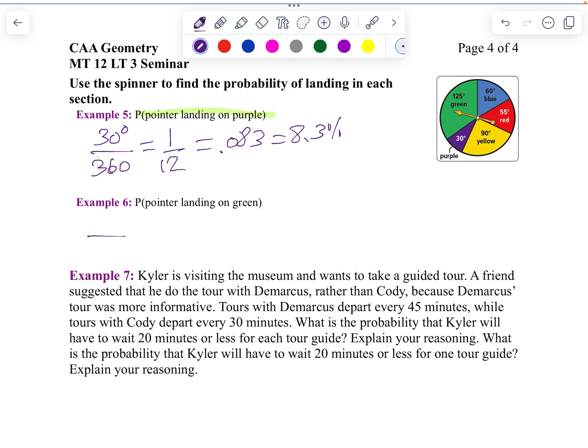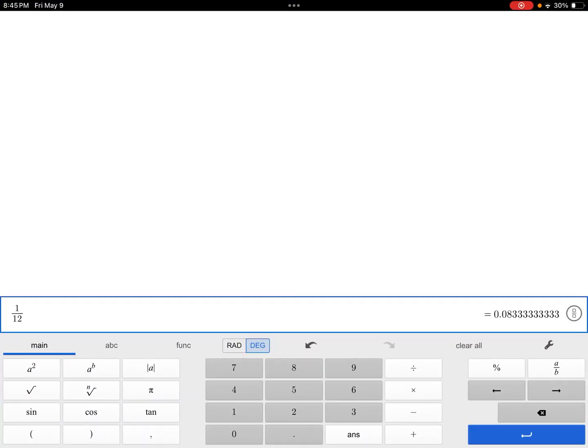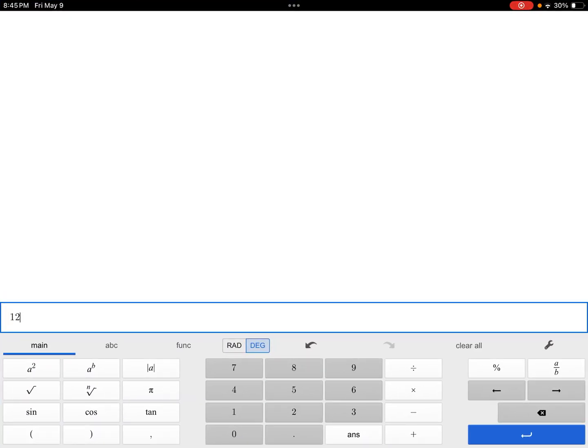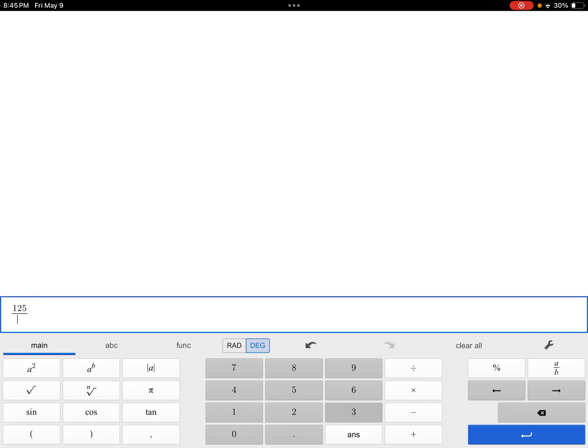Same thing. My sample space is still 360 degrees. And then the green is 125 degrees. If I reduce 125 to 360, that's kind of an ugly fraction.